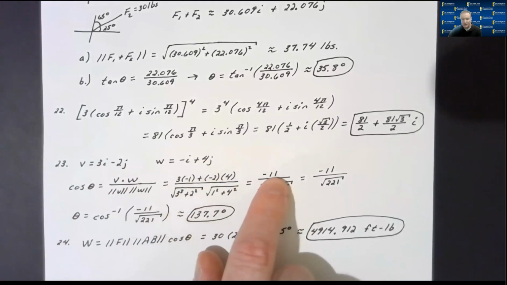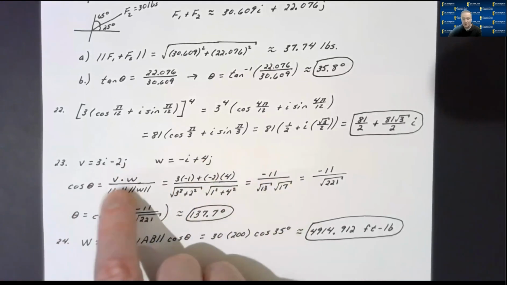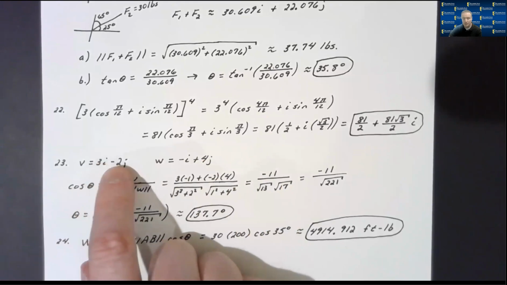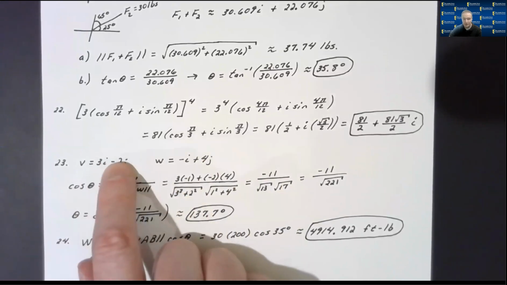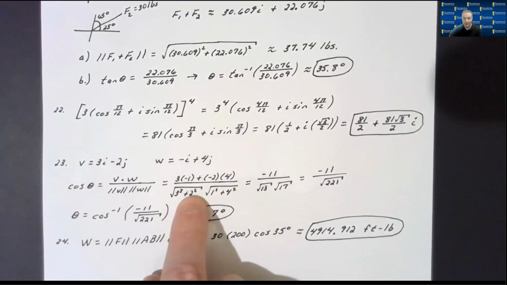It's a -11. Now, the magnitude of vector v is just the square root of the horizontal component squared plus the vertical component squared. You can see here it's going to be 3 squared plus 2 squared. Remember, 2 squared and -2 squared are the same thing, so there's no need to put a -2 in there.